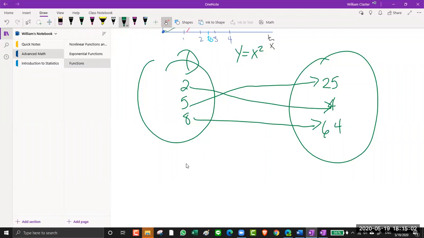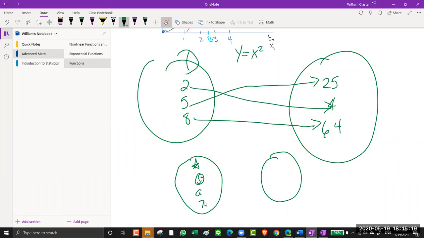We have this kind of picture, but we don't have to have numbers. We could have something like this. And this could be, so these are not all numbers, there are some numbers there.